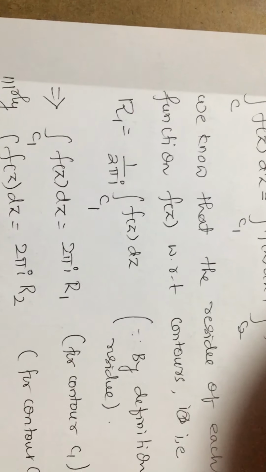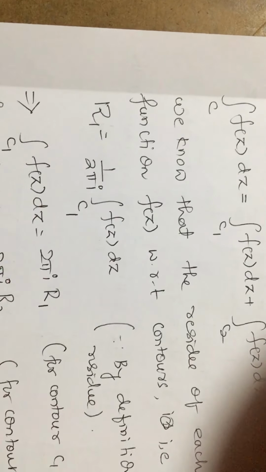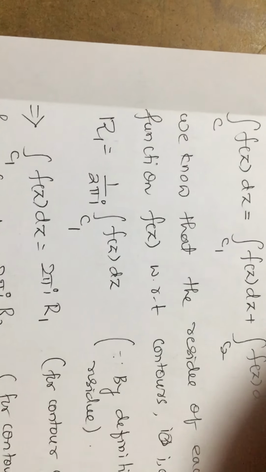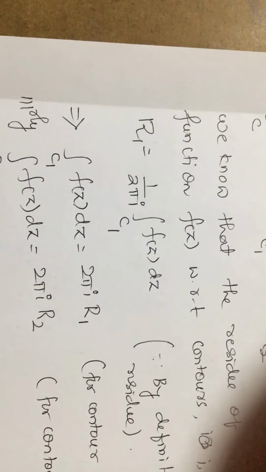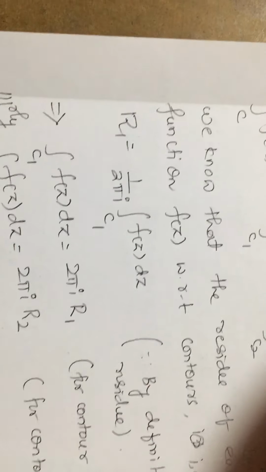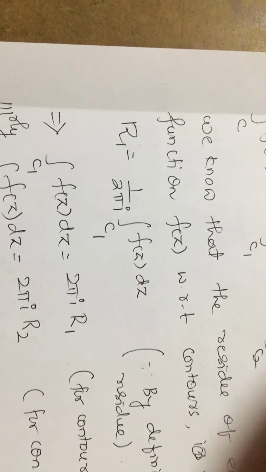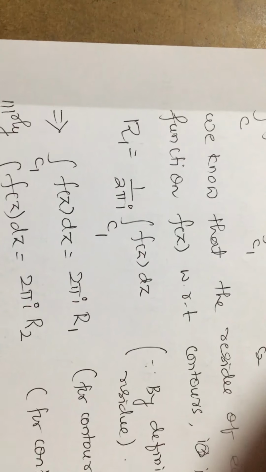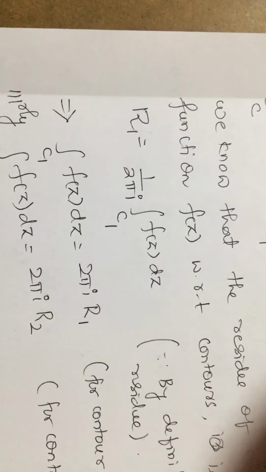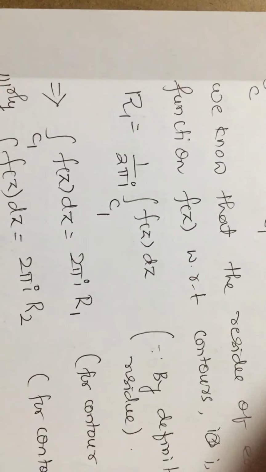R1 is the residue at circle C1, given by 1 over 2 pi i times the integral over C1 of f(z) dz. Now I cross multiply, so 2 pi i goes to r1. That becomes 2 pi i times r1, which is equal to the contour integral over C1 of f(z) dz. So for the first circle the result is 2 pi i r1.